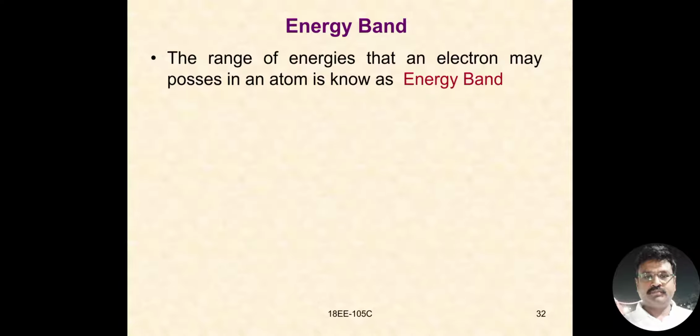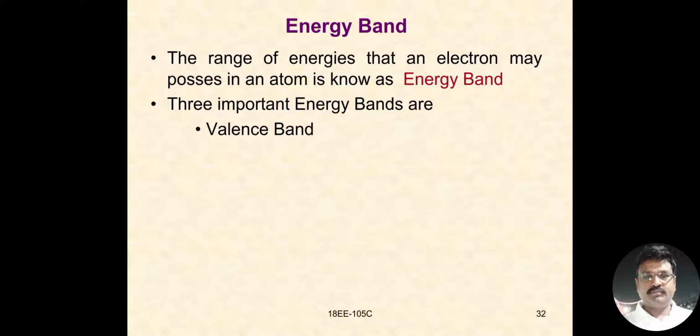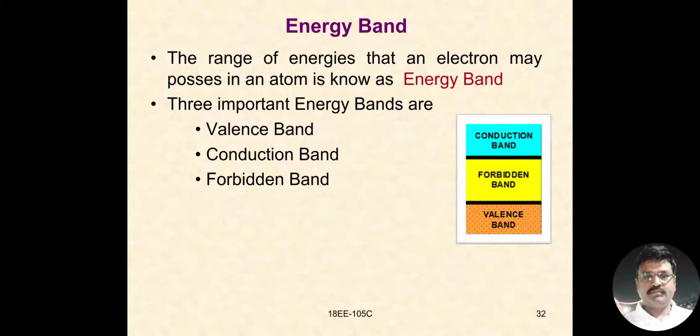Energy band. Now let me explain what is energy band. The range of energies that an electron may possess in an atom is known as energy band. Three important energy bands are valence band, conduction band, forbidden band.